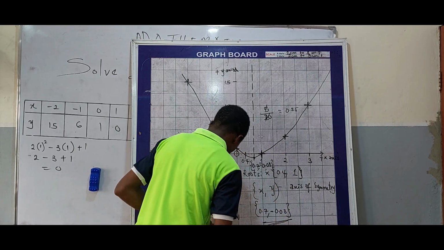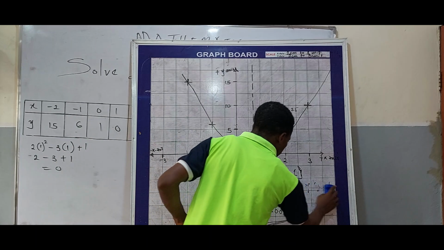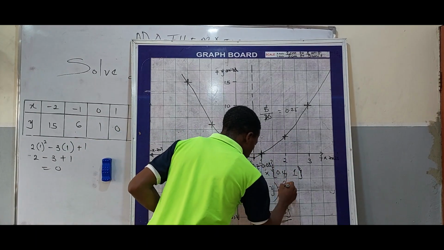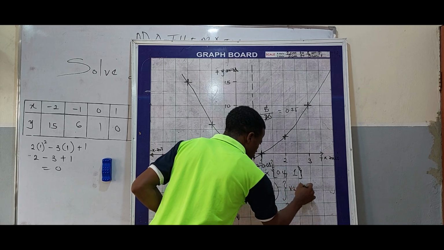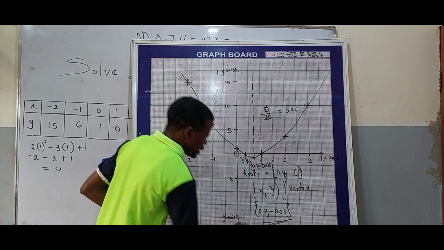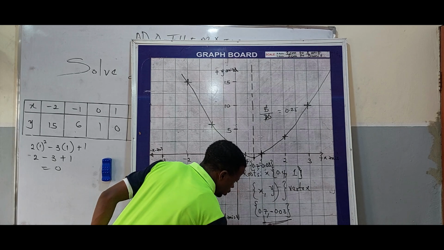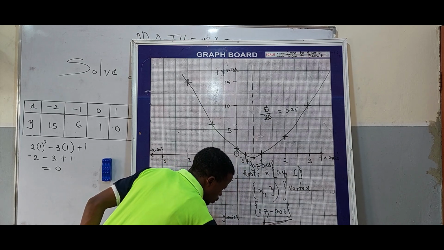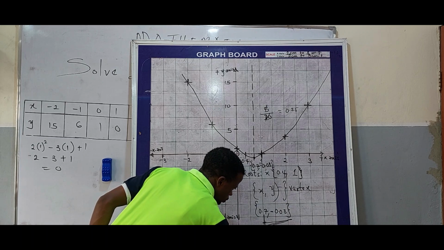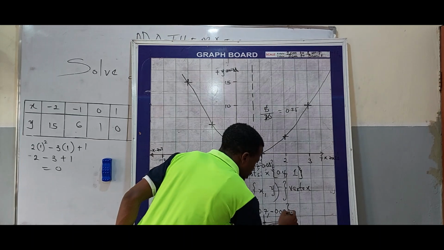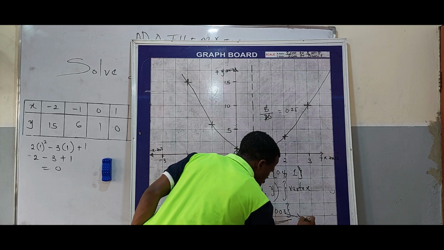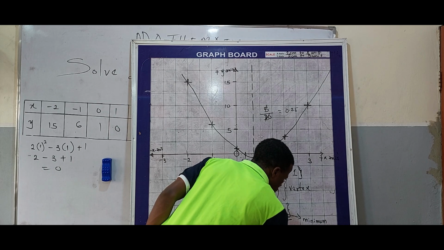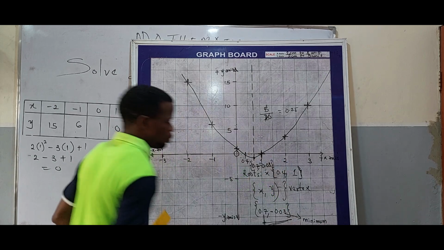This is a vertex. Let me write something. Let me correct that. This is called axis of symmetry, and this is called what? The minimum value.